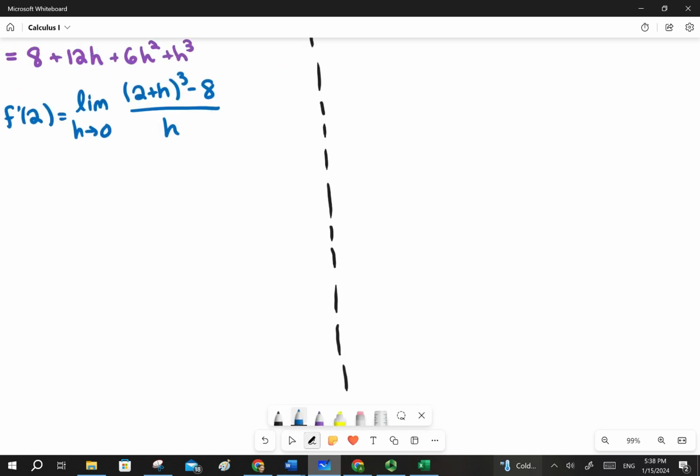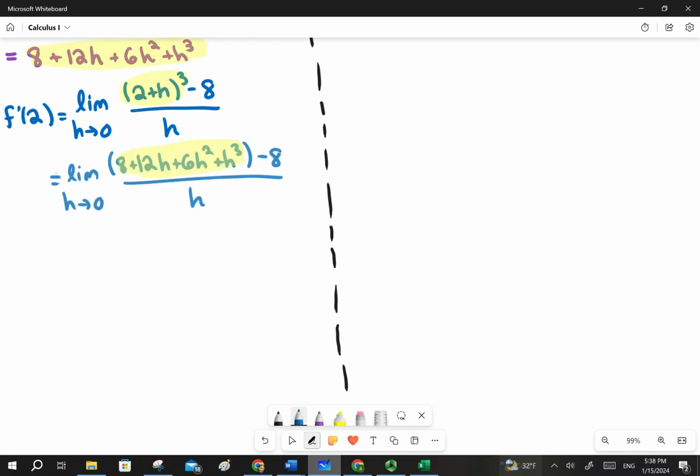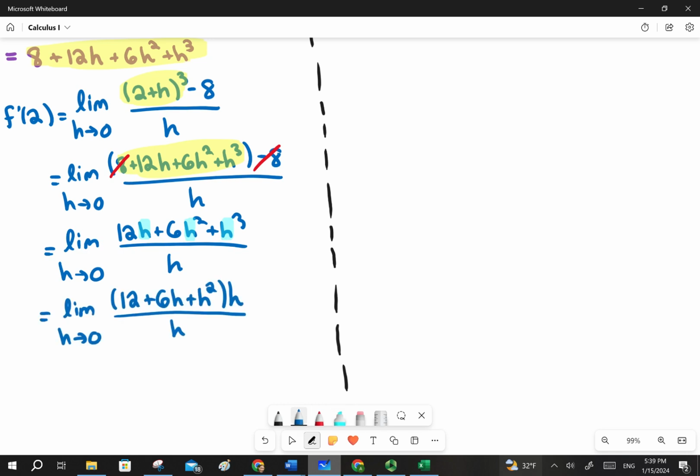For the first example, we now have that f prime of 2 is equal to the limit as h approaches 0 of 2 plus h cubed minus 8 all over h, which is equal to the limit as h approaches 0 of 8 plus 12h plus 6h squared plus h cubed minus 8 all over h. The 8's cancel, and we can factor an h out of the numerator to get the limit as h approaches 0 of 12 plus 6h plus h squared times h all over h.